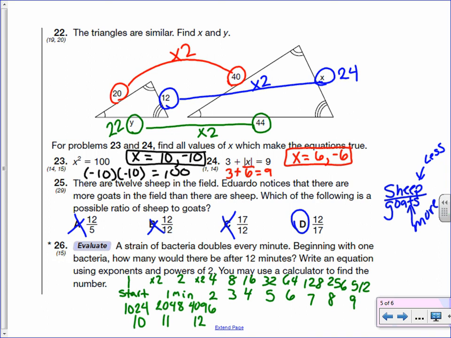So we've multiplied by 2, 1, 2, 3, 4, 5, 6, 7, 8, 9, 10, 11, 12 times.